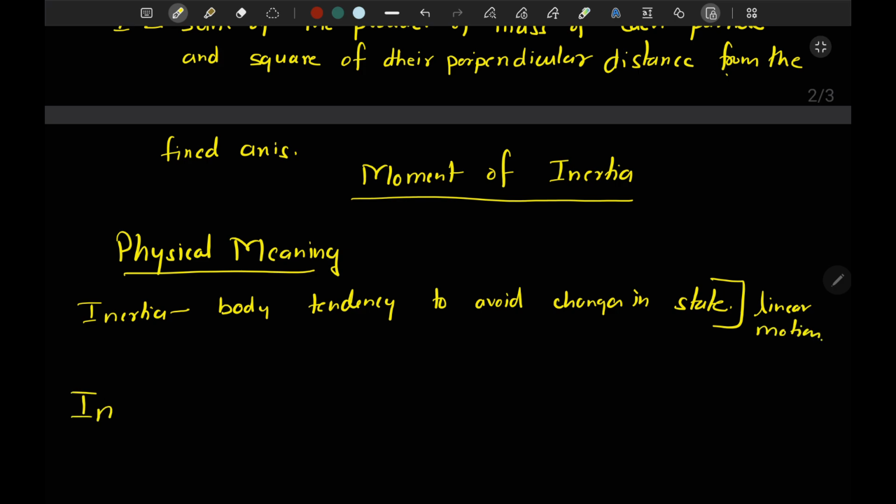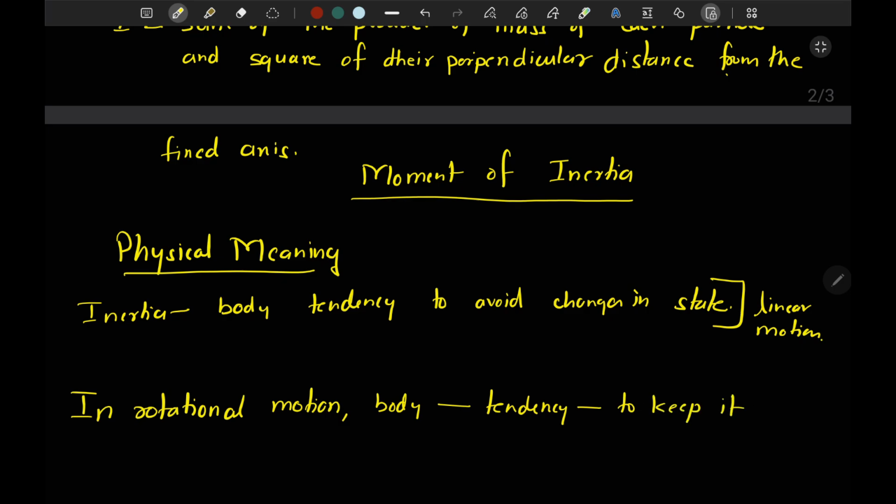Similarly, in rotational motion also, everybody has tendency to keep it with its initial state.